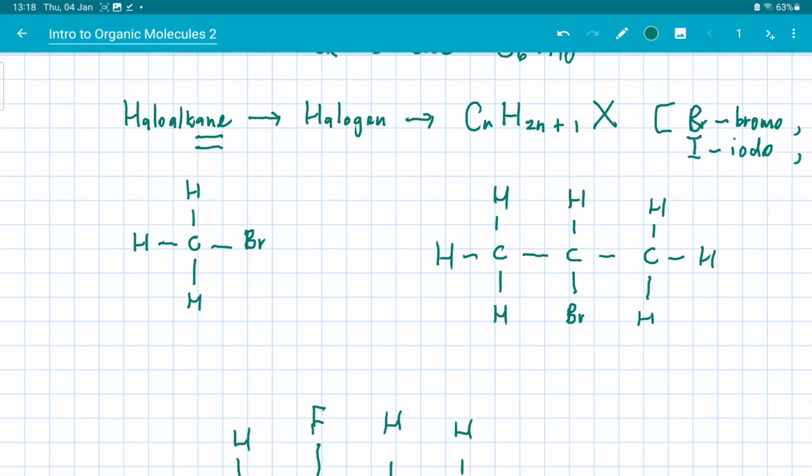So let's look at this molecule. Then we'll see carbon 1, so it's about meth. It's an alkane, so methane.